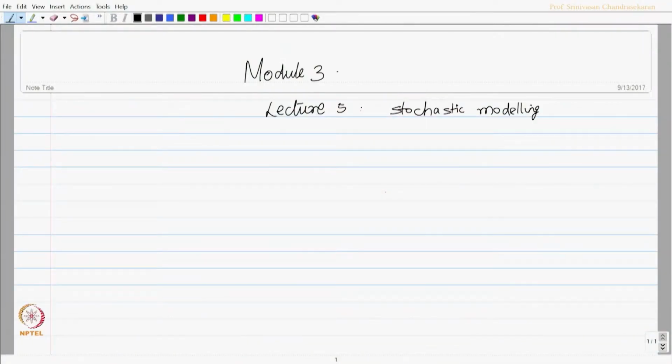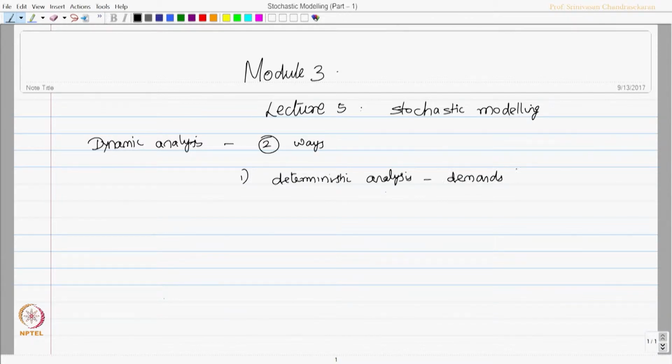If you recollect, we already said that dynamic analysis can be carried out in two ways, namely a deterministic analysis, which demands load time history as an input in complete form.